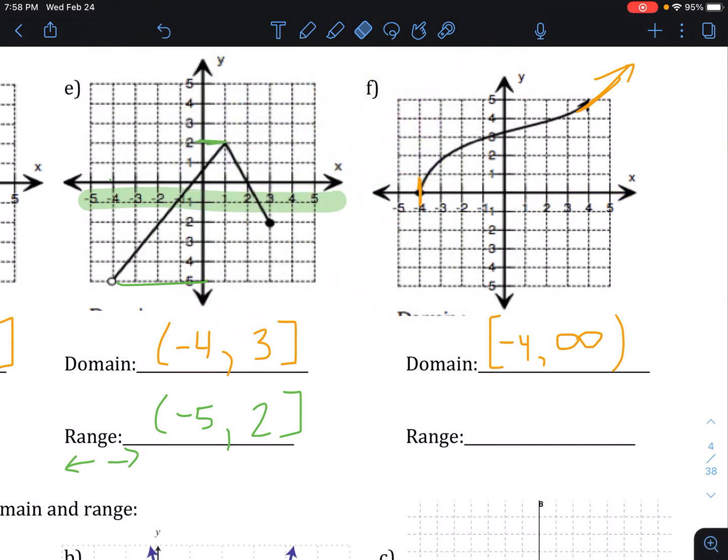Today's a very easy lesson. And then the range values, lowest to highest, y value this time. Focus on the y's. The lowest is right here at 0. And then highest, remember we have an arrow, so it is going up forever. So infinity also.